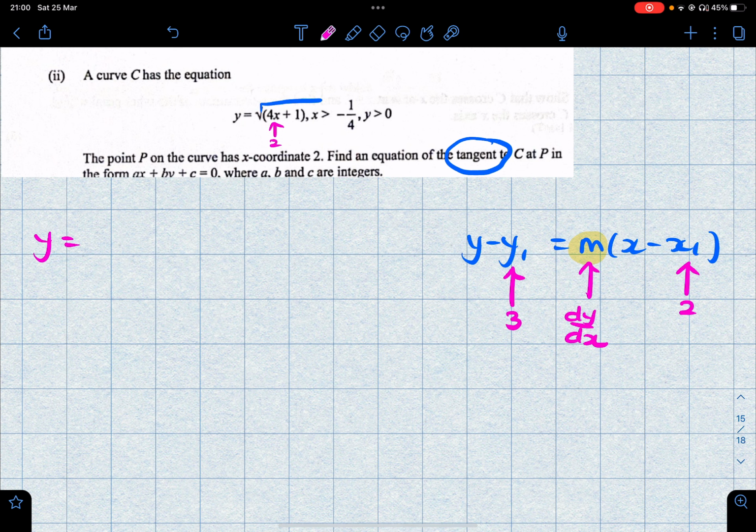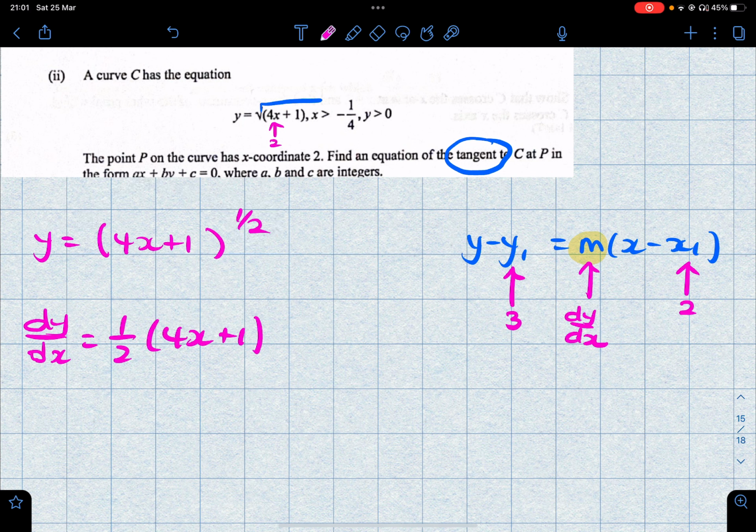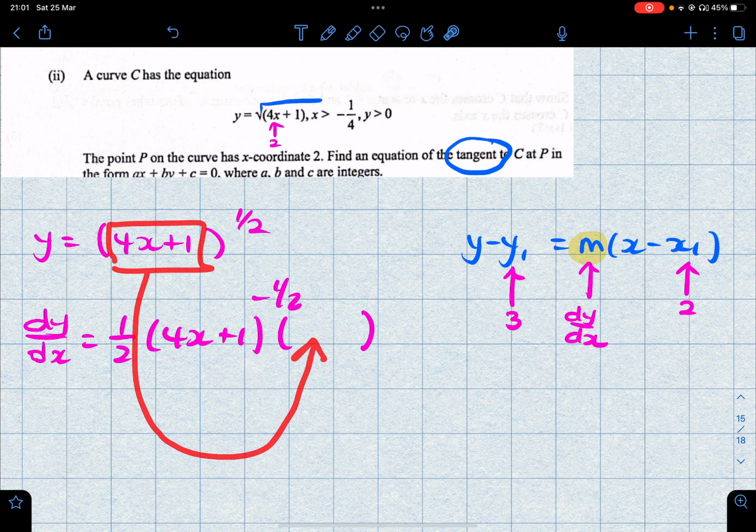So if we rewrite y as 4x plus 1 to the power half, then dy by dx, you can simply multiply by that power, subtract 1 from it, and then multiply by the derivative of this, which is 4.